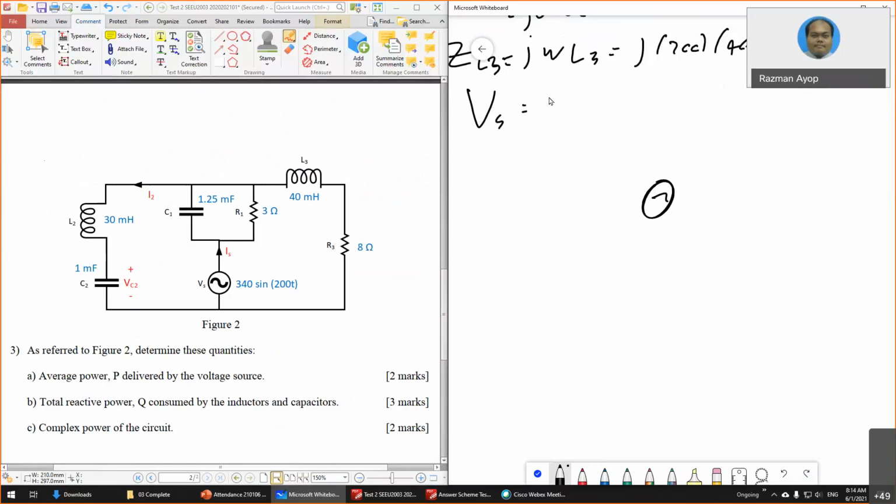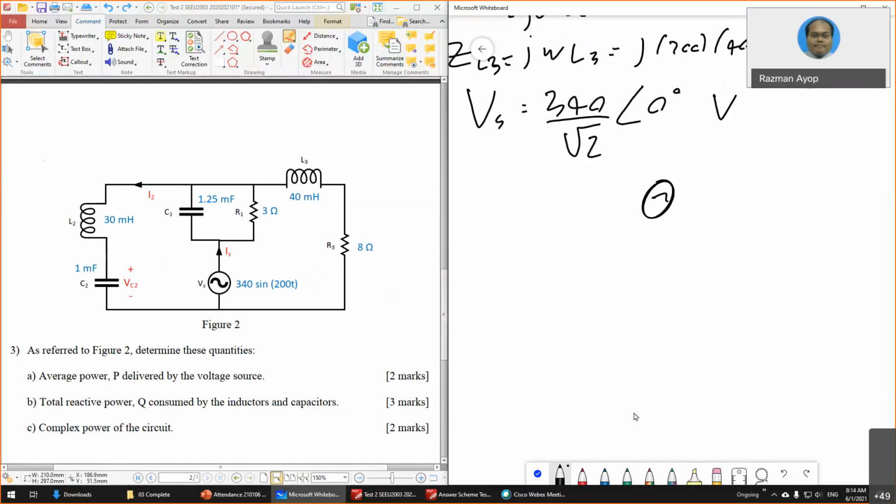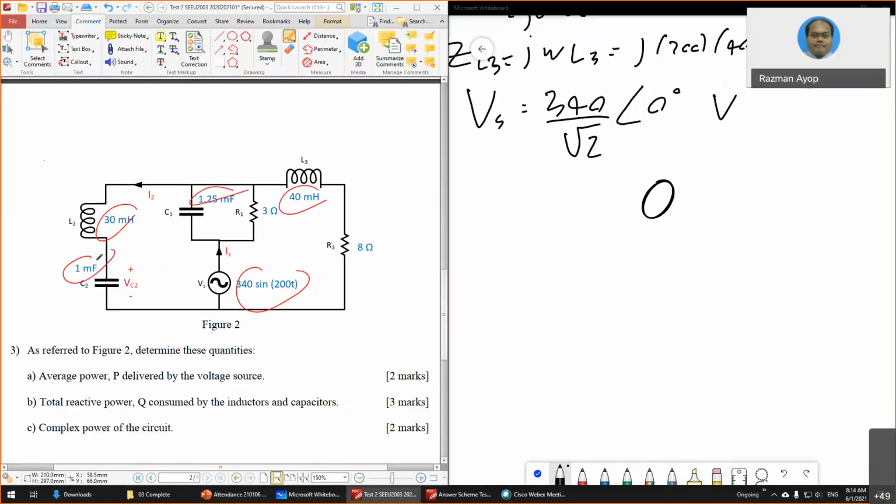Equals to 340, and don't forget to divide by square root 2, angle. This one has no phase, so 0 degree. So don't forget to convert this also. Draw everything again and put in all these values. This one you have to change, and this one also you have to change.